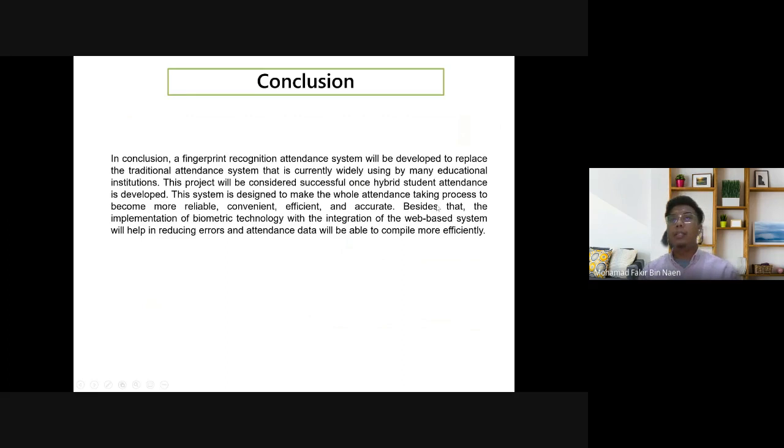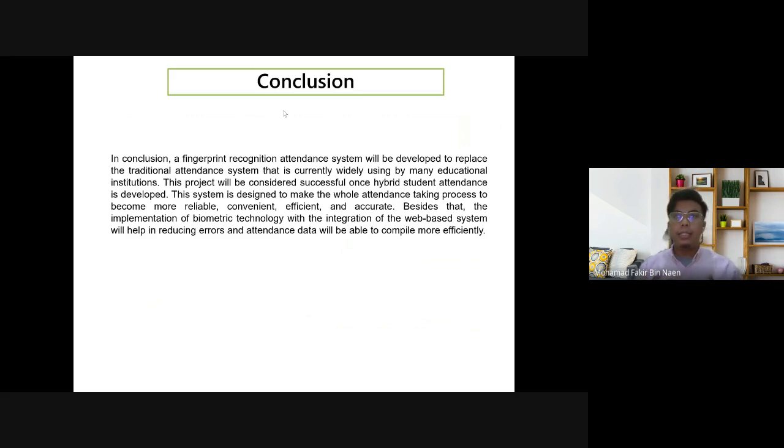Lastly, in conclusion, a fingerprint recognition attendance system will be developed to replace the traditional attendance system that is currently widely used by many educational institutions. This project will be considered successful once hybrid student attendance is developed.